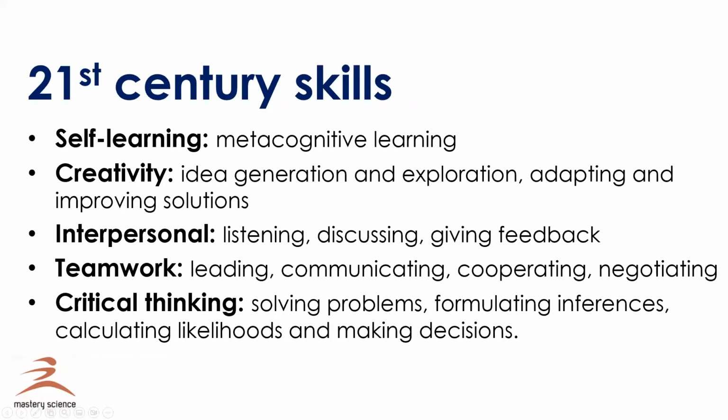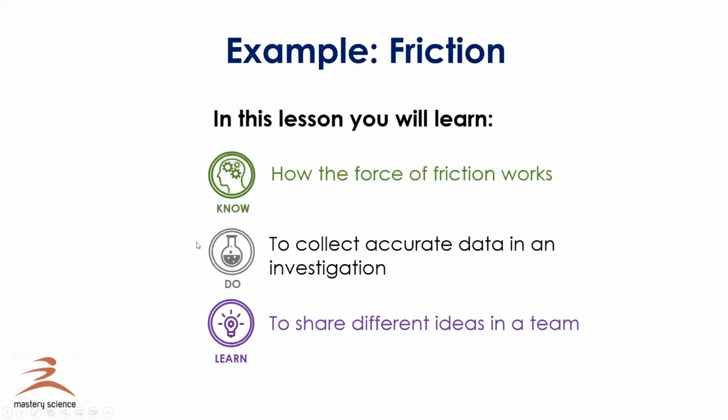And every time we come up with an activity in a lesson, we think about which skill would best fit into that activity. And in friction, we decided that sharing different ideas in a team is important, and when I explain to you the example, the different points of discussion during that, you can understand why.